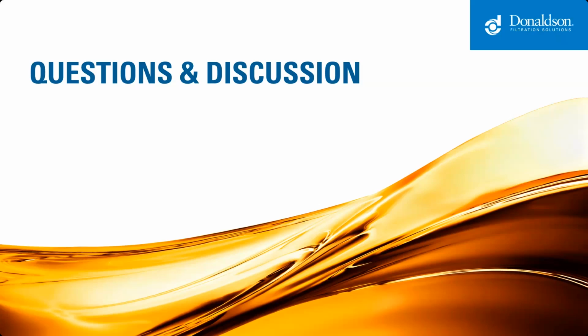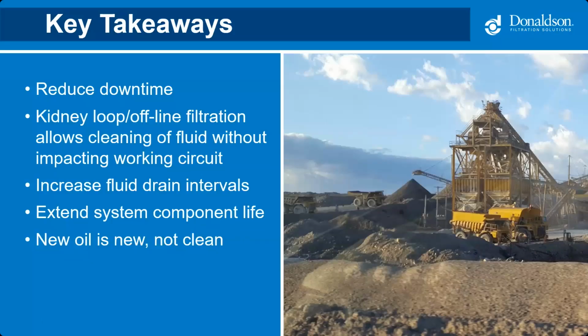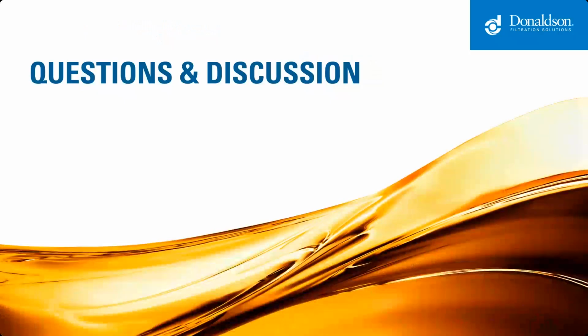And then on the other side of that, if we're looking at a water glycol-based fluid or maybe a flame retardant fluid, we would use a different media grade to be able to tackle the particulates within that fluid as well, and making sure that we're staying within that chemical compatibility range.